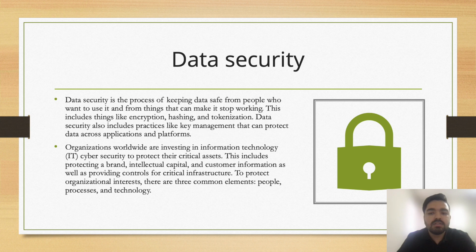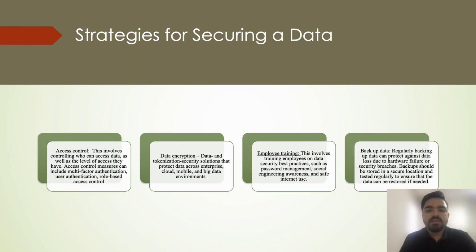Following are the examples of how we can secure the data. Securing data involves implementing various measures to protect digital information from unauthorized access, tampering, or theft throughout its lifecycle.